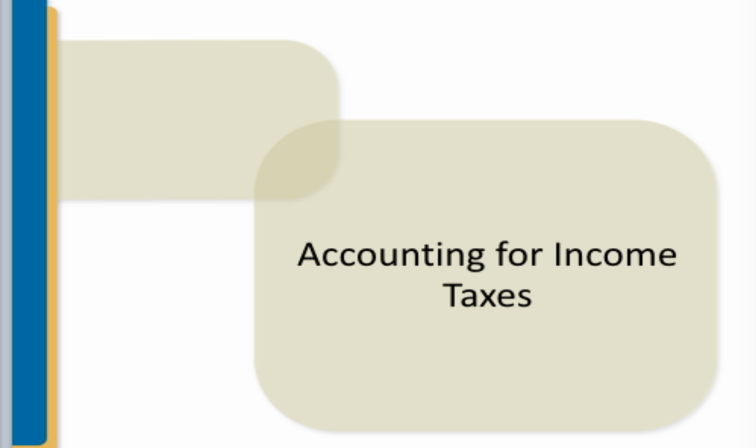So if we've already done this, or we're doing it currently, and we're going to get a benefit because of something we've already done, then to follow the matching principle, we really should be showing that on our financial statements right now, because the benefit is essentially earned right now.